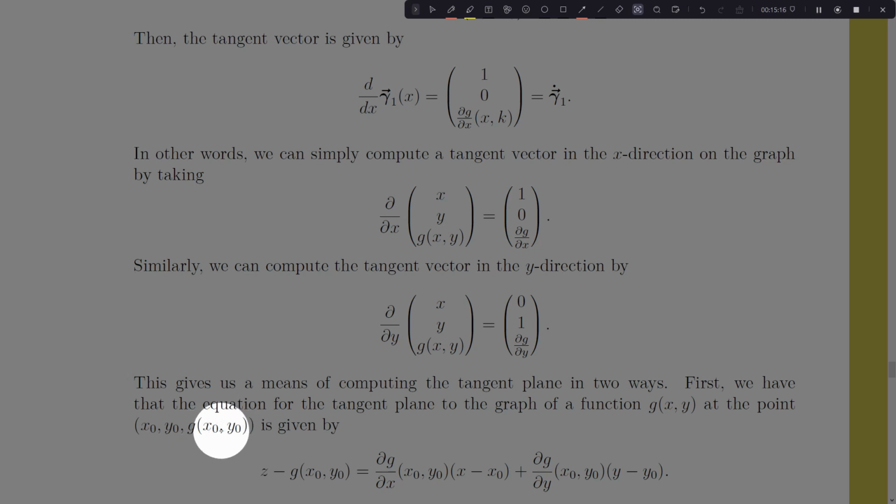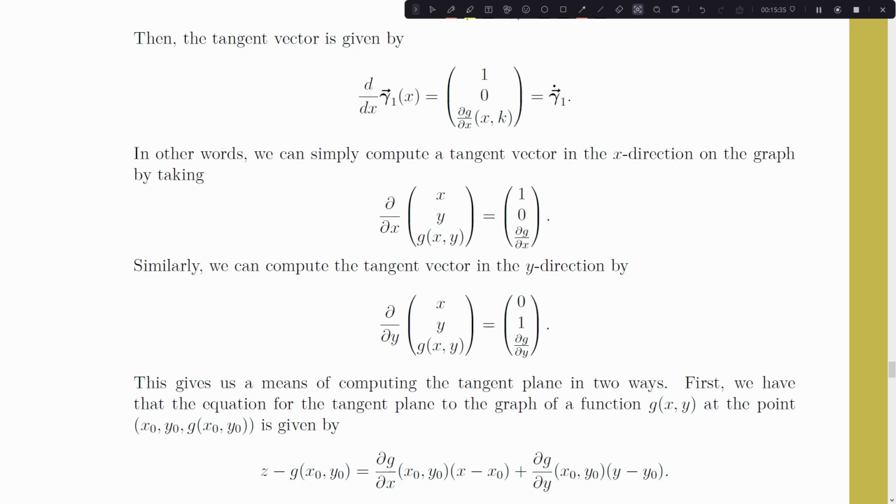and wherever it ends up on the surface gets constructed by what is the slope in the x direction. This is now in point slope form, by the way. What is the slope in the x direction at my point? What is the slope in the y direction at my point? And then I take the z value and subtract the z point. So let's just make this a little bit more clear. That's an x value, so x point goes right there. I mean, there's a negative sign, but it goes right there.